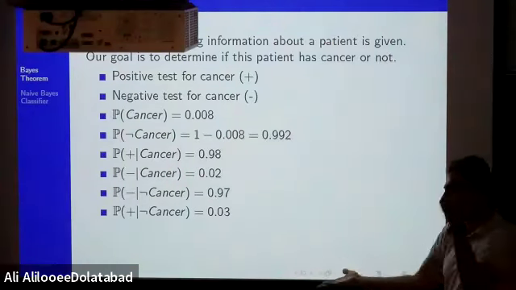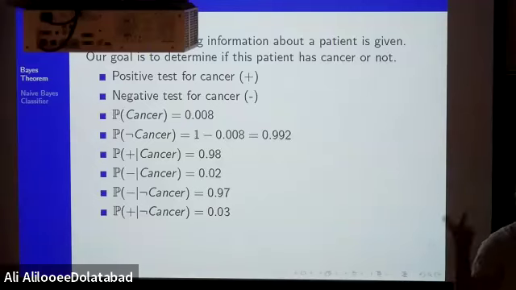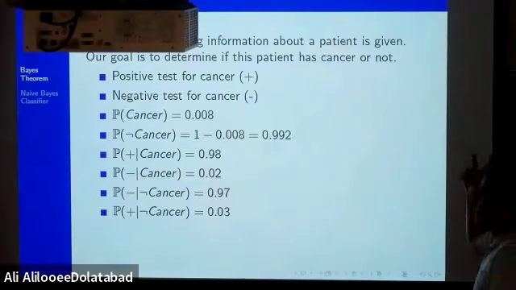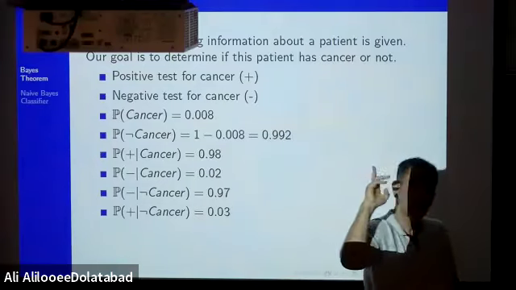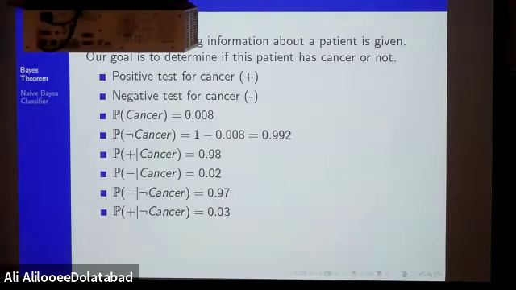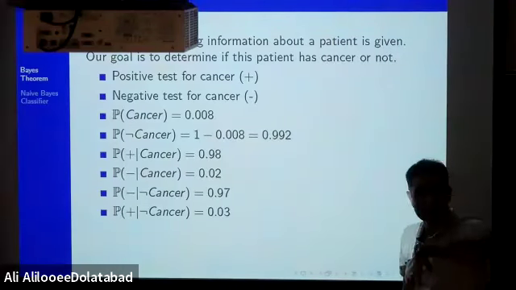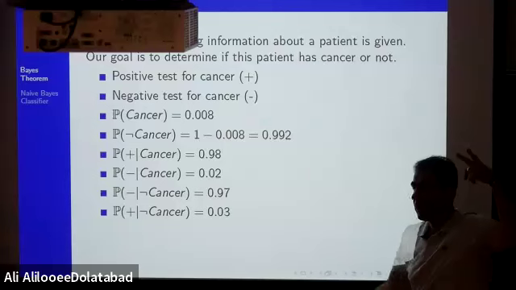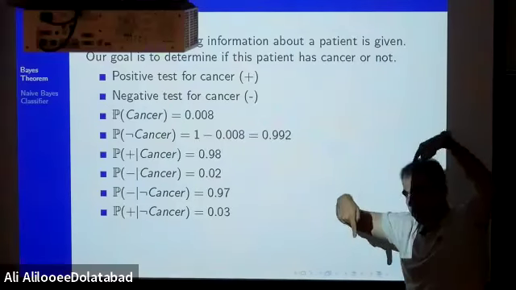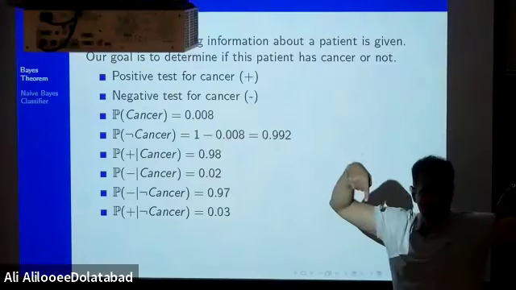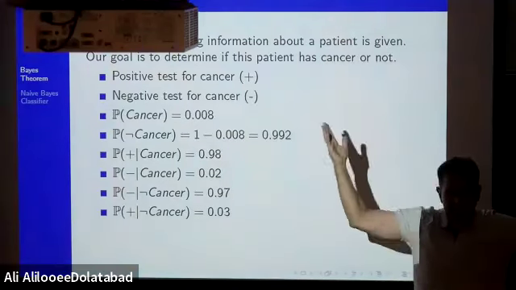How many hypotheses do I have? Two: the person has cancer, unfortunately, or the person doesn't have cancer. The set of hypotheses for this example contains two outcomes, and we want to test these hypotheses.